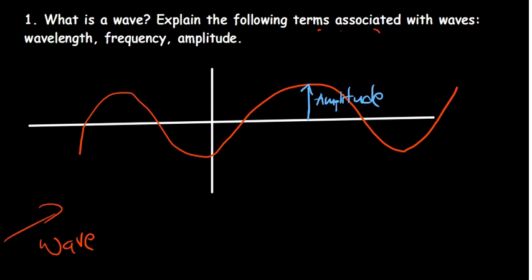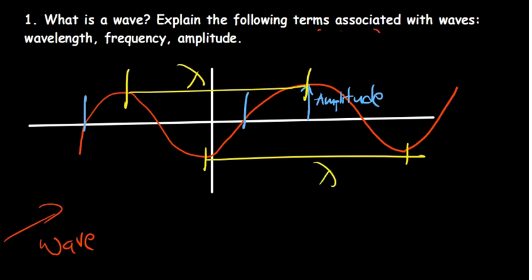Now, what is the wavelength? So the wavelength would be measuring from this point. We can either measure from this point to that point, or we can measure from this point, the crest, to another crest. That is called the wavelength. Or we can measure from a trough to another trough. Again, that is still the wavelength.